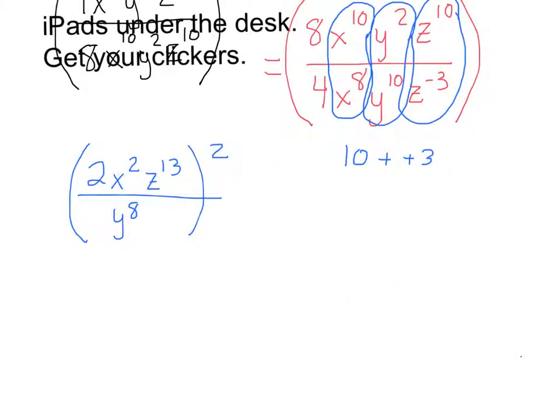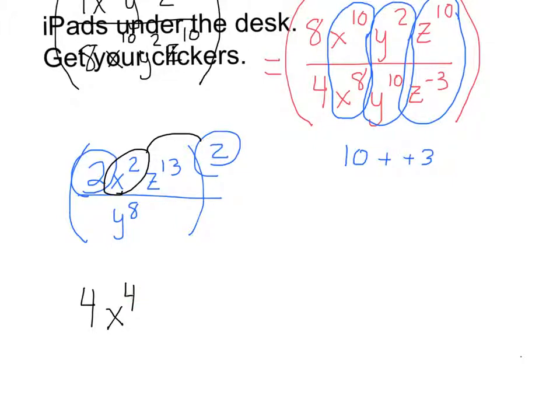So let's do that. So here's what I'm going to do. 2 squared is what? 4. X squared is x to the 4th power. Good. You have right here you've got a power being raised to another power.